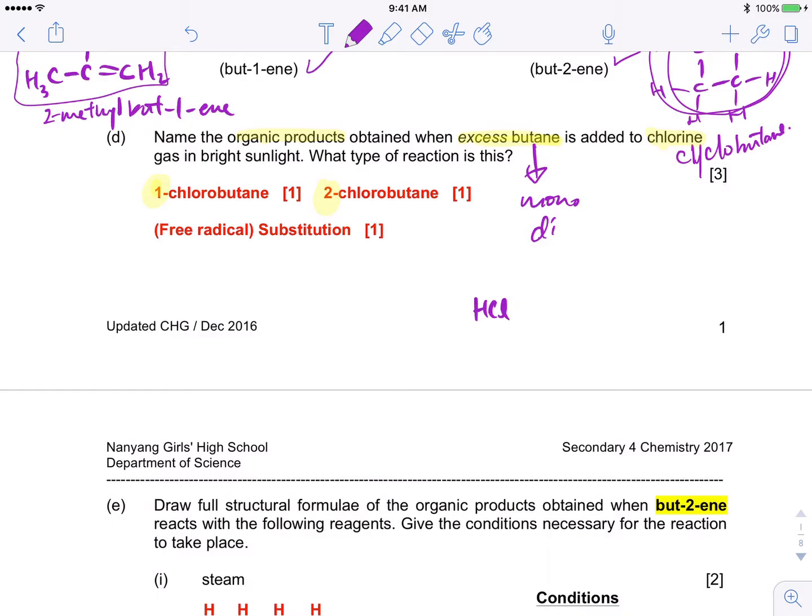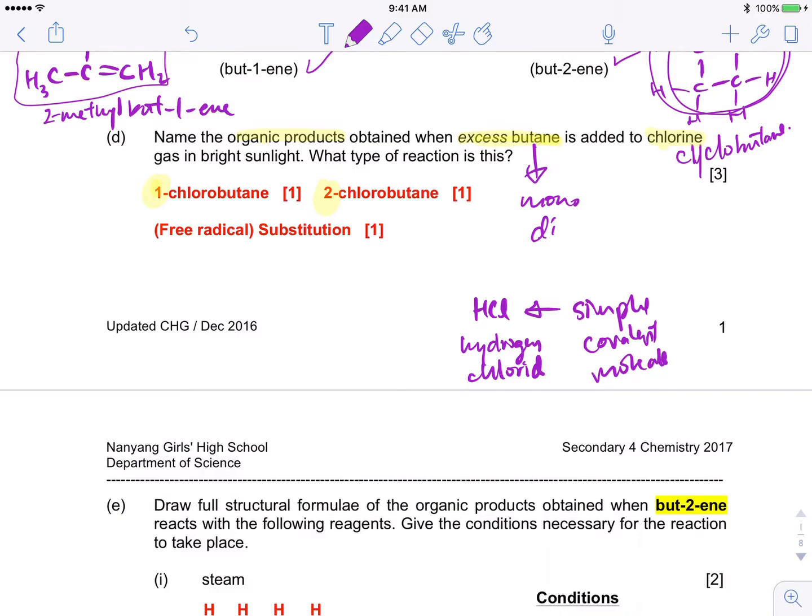If you write hydrochloric acid, it is even more wrong, because the product formed is hydrogen chloride. This is hydrogen chloride. It is a simple covalent molecule. It is only hydrochloric acid when it's dissolved in water.